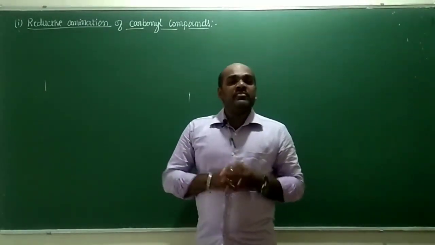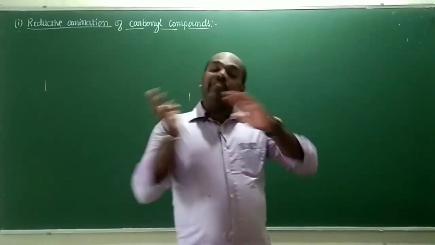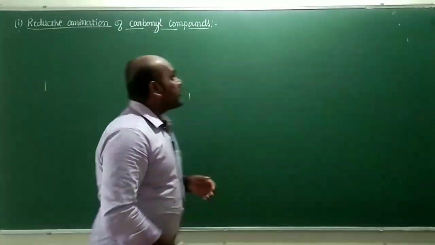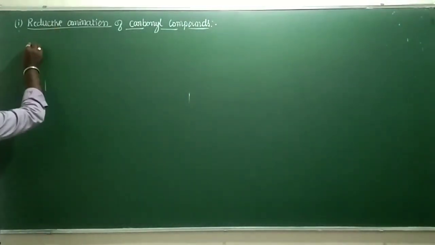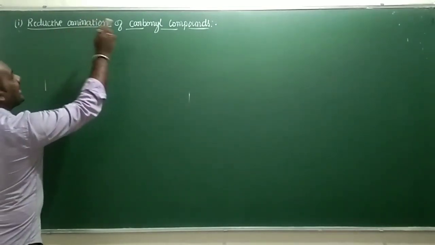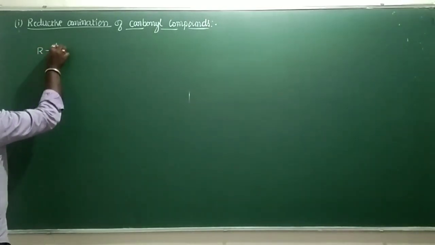Now we shall see, if you subject a ketone to reductive amination, whether we are going to get a primary amine or a secondary amine. So, if you consider ketones upon subjection to reductive amination, let me write the general expression.